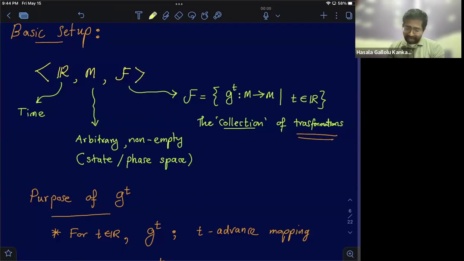And then M is none other than, according to that structure, as I mentioned, even the textbook is not giving a really rigorous foundation for the set M right at the beginning. So we are going to call it an arbitrary non-empty set, which is going to be identified as a state space or phase space.